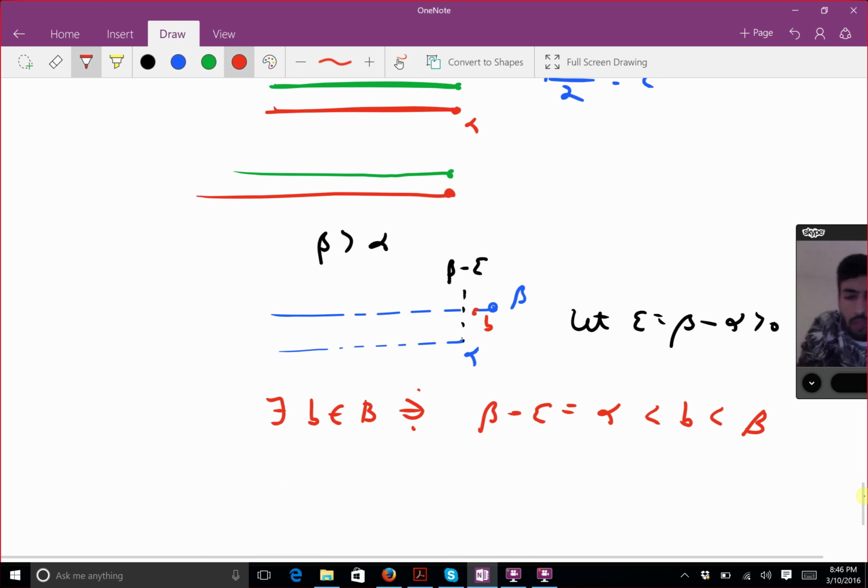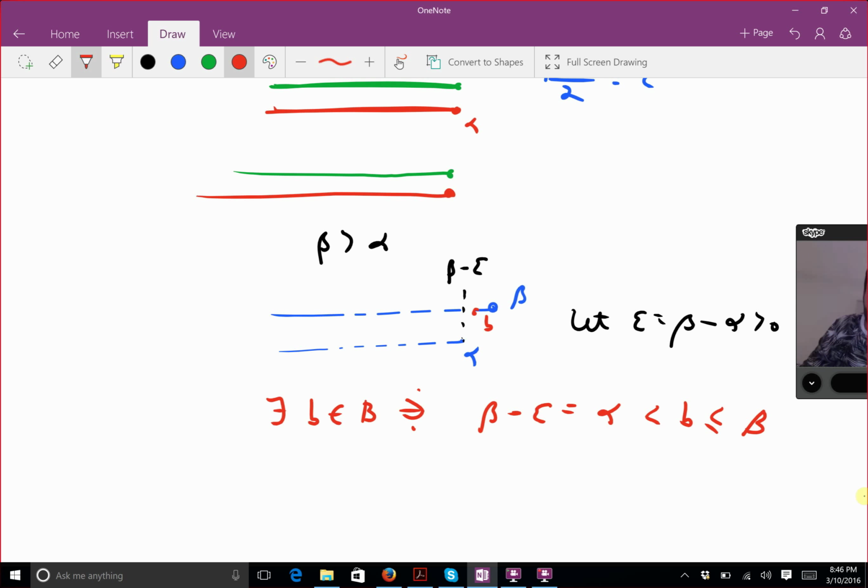But small b is an element of A, and that's the problem.